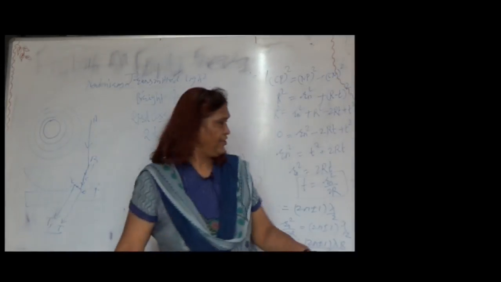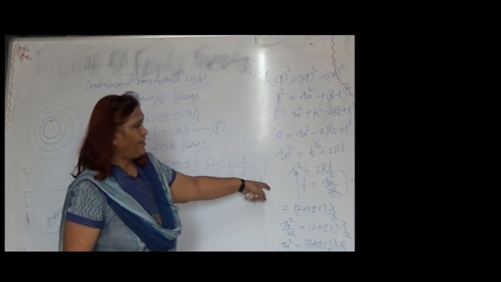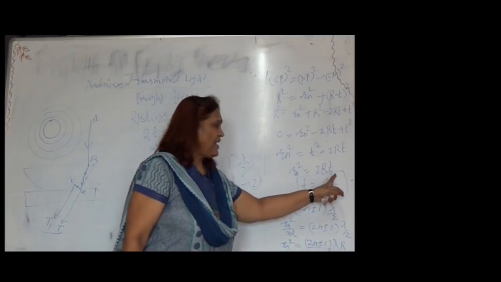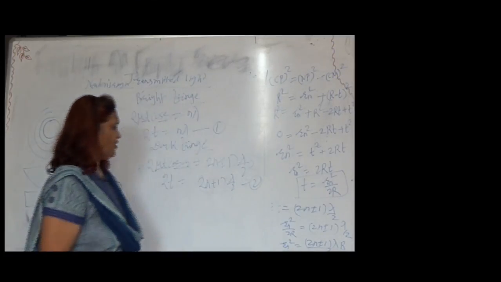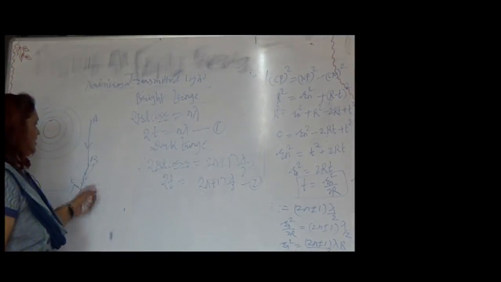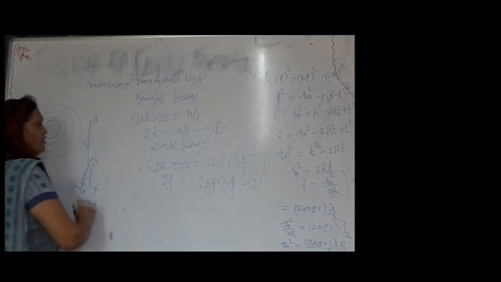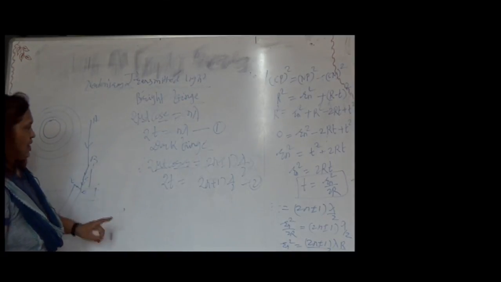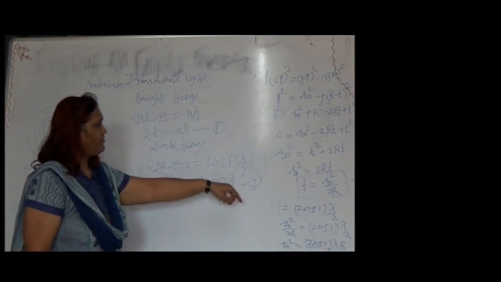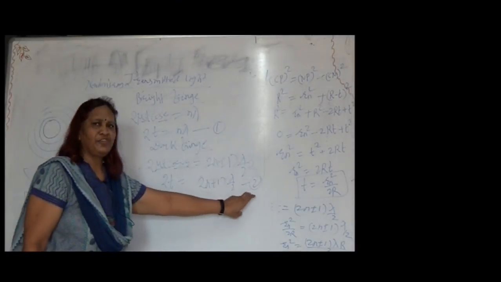We already calculated the value of t as the thickness between the plano-convex lens and the plain glass plate, which is rn square upon 2r. Now we will substitute this t value in equation 1 and equation number 2.